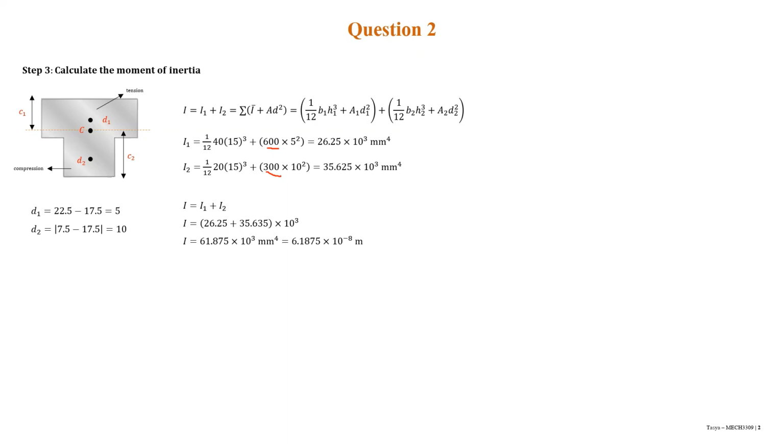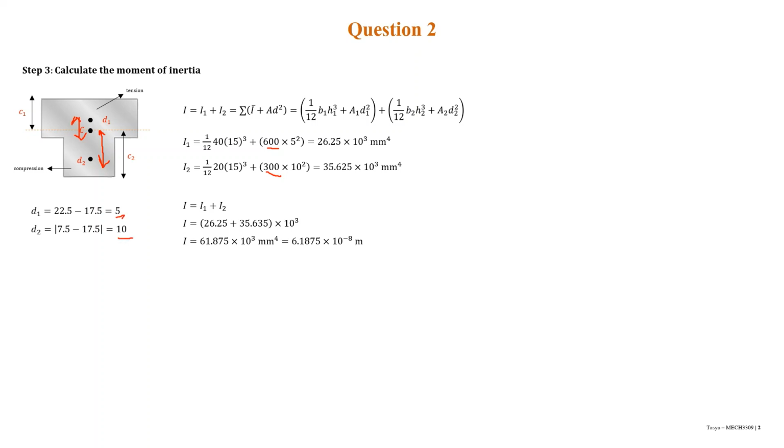And the next is how we define the d. D is the distance between the middle of the figure to the section centroid here. So for D1 it is here to here, while for D2 is from here to here. D1 is known to be 5 and D2 is known to be 10.